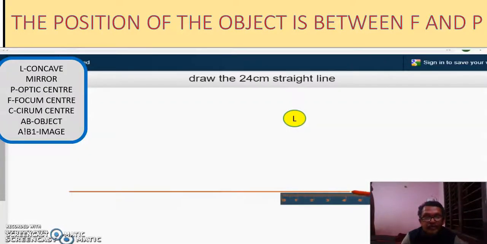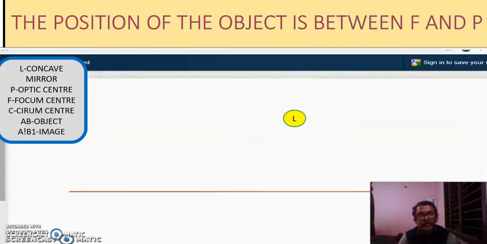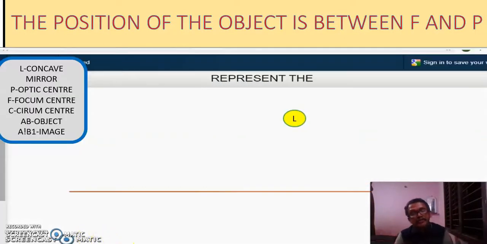Now take 16 centimeter. More than 16 is enough, because here we have to extend behind the mirror.